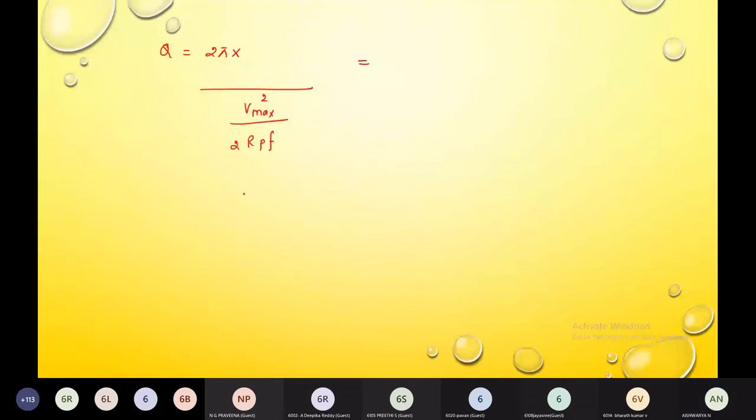2 pi into half CVmax square. So here you will have Vmax square by 2RPF. From this, you tell me what answer you got. 2 pi f RP into C. That 2 pi f you represent by omega. So your answer will be omega naught CRP.